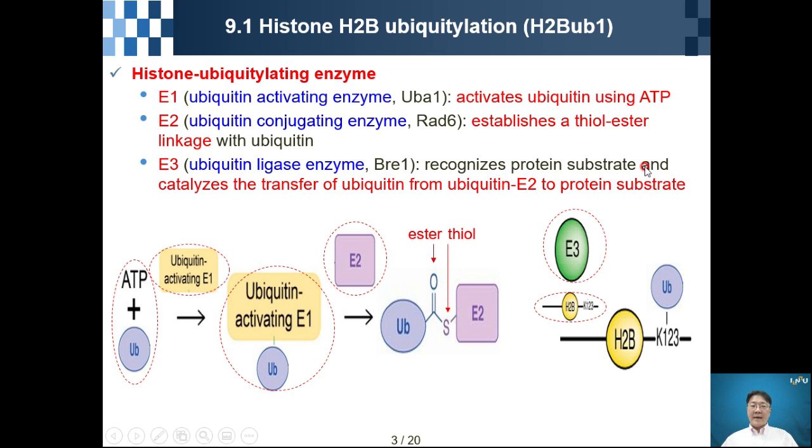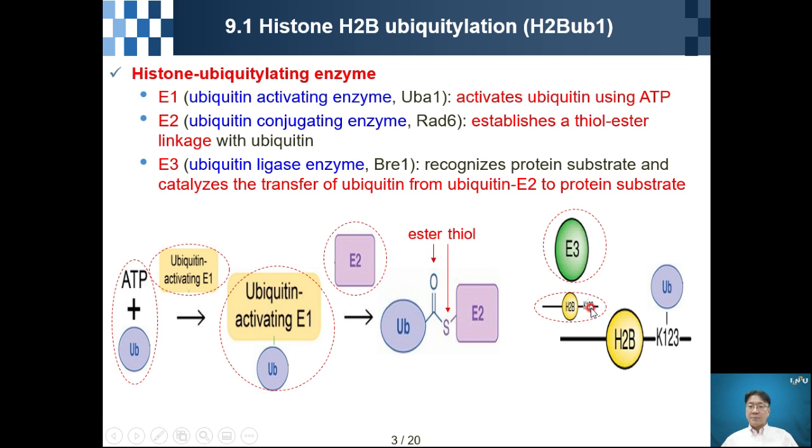After that, it catalyzes the transfer of ubiquitin from the ubiquitin E2 complex to the protein substrate.